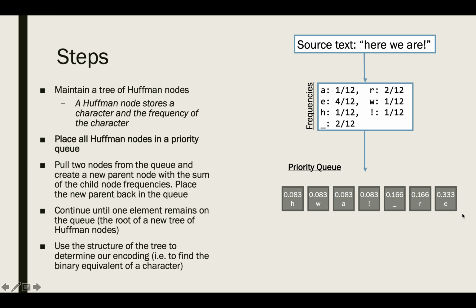And the priority queue is going to sort those based on the frequency or the percentage, and we're going to pull out the minimum frequency at each step. So here I would pull out 0.083 before I pull out 0.333 because this is a smaller value. So we'll place those all into a priority queue.